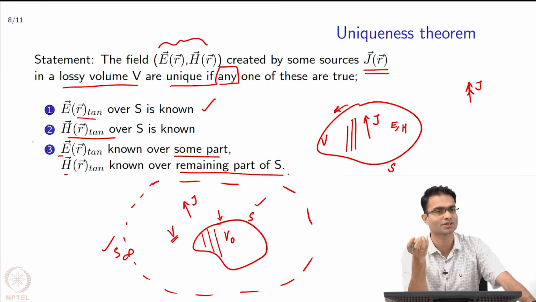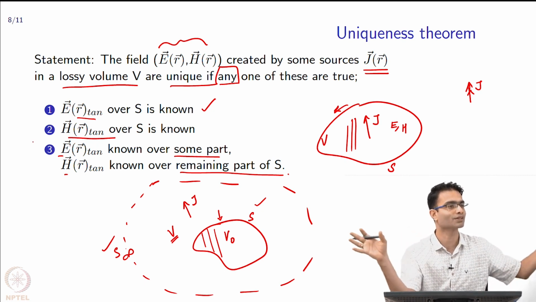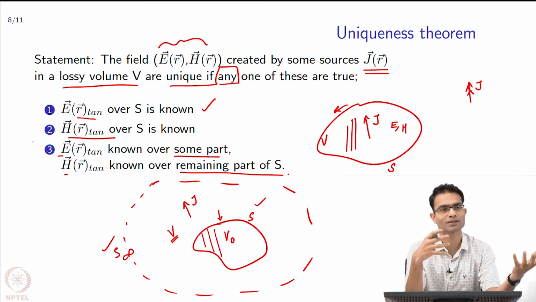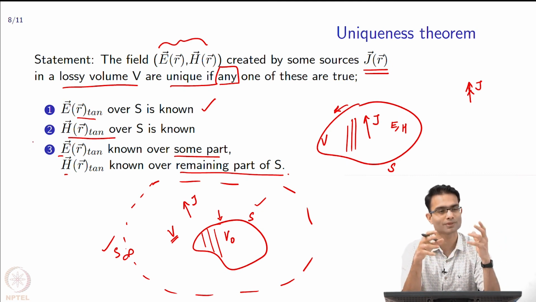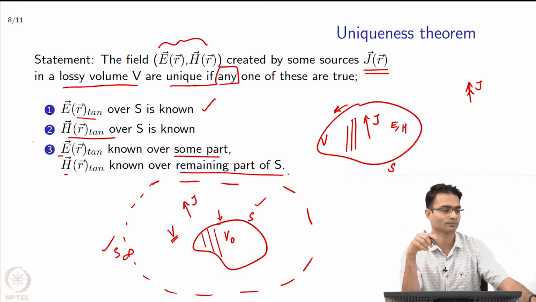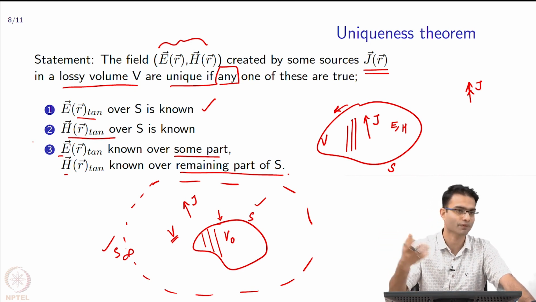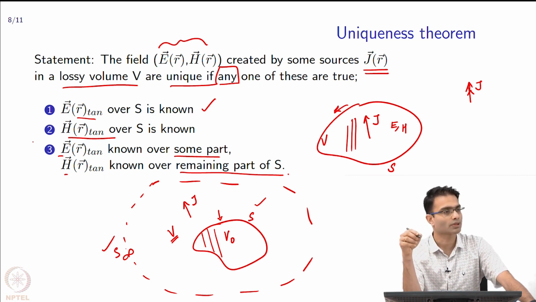A static charge is not going to sit there; it will fly off somewhere or the other, unless it is in a place where there are no fields whatsoever, sitting there forever. Practically speaking, when you think of antennas, radar cross sections of antennas and all, the issue of charges sitting out there is not very relevant. All of those charges, once they start moving, become currents, and we are already dealing with currents. Okay. So, this was about the uniqueness theorem.